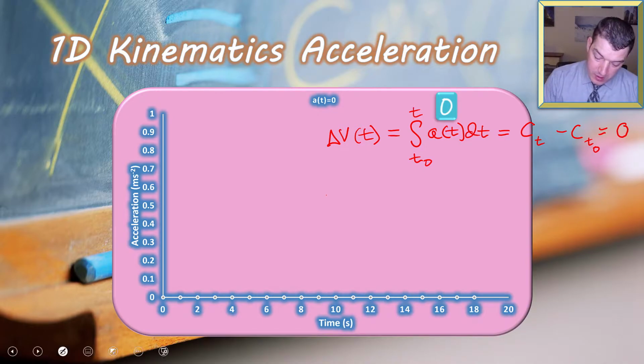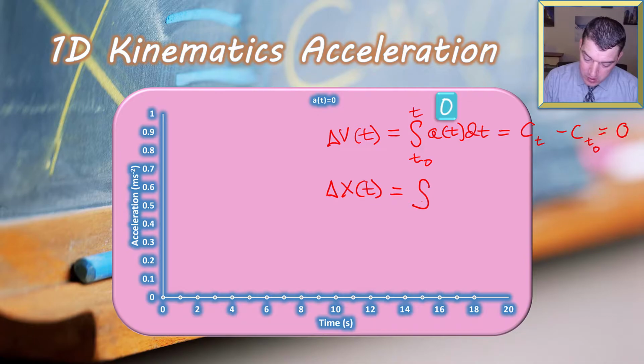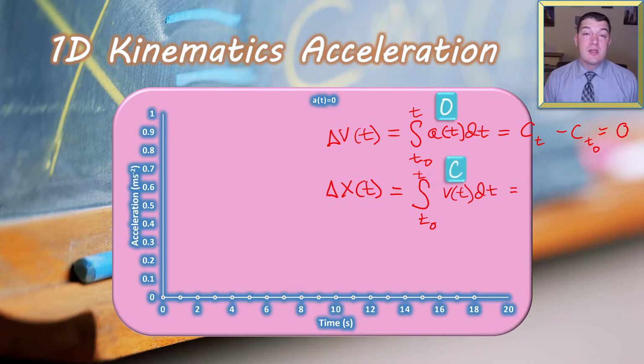When we look at our displacement, or change in position with respect to time, that will be the integral of our velocity between t naught and sometime later t in terms of t. We know that the change in velocity is zero. We know that the velocity is a constant.